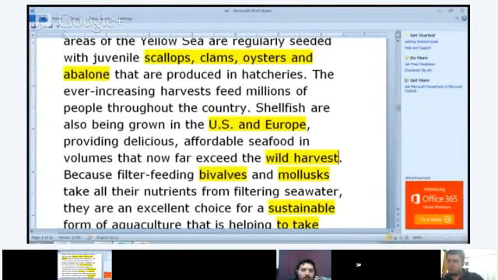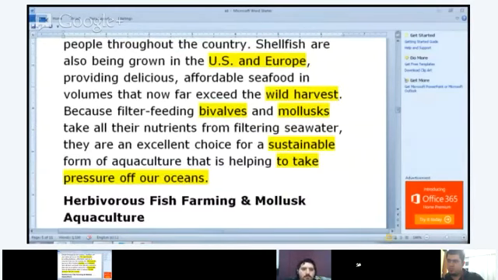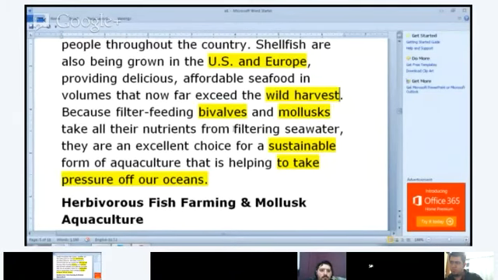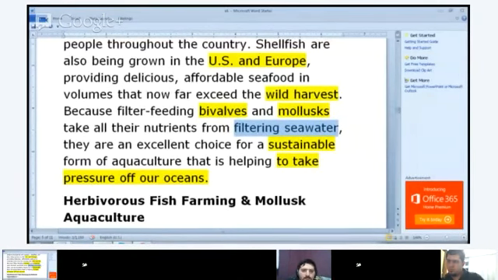Please go ahead, Geoff. They are filtering the water. They are cleaning the water. Yes, they're helping the environment. And so that means when you raise shellfish, you do not need to feed them.